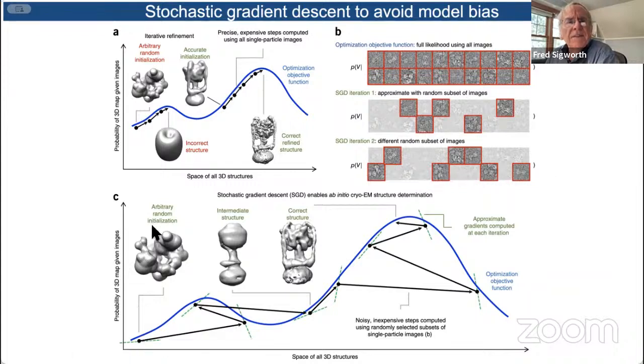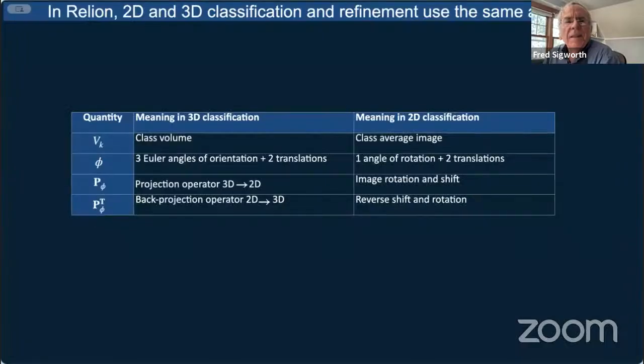And so the idea is we start with our terrible origin and we take these random steps, and the randomness helps us sample a larger region of space of all 3D structures, and so converge more reliably to the true structure. And this SGD is the way one can get an initial model from a truly random initialization.